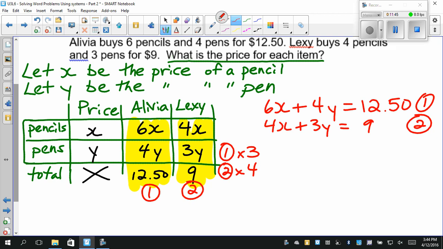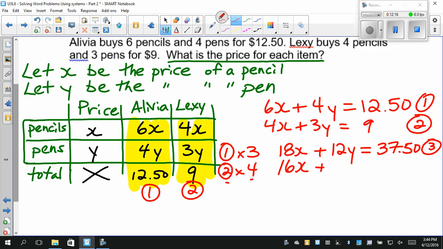So equation 1 times 3, 3 times 6x is going to be 18x. 3 times 4y is going to be 12y. And then 3 times 12.50 is going to be $37.50. That's going to be our new equation 3. And then equation 2 times 4, so it's going to be 4 times 4x is 16x. 4 times 3y is 12y. 4 times 9 is 36.